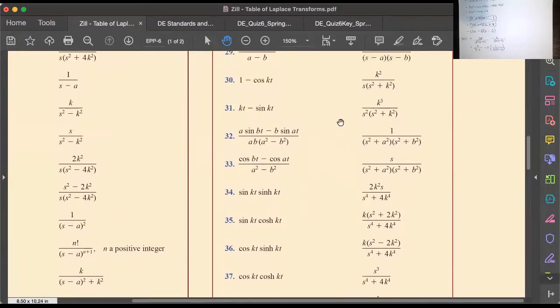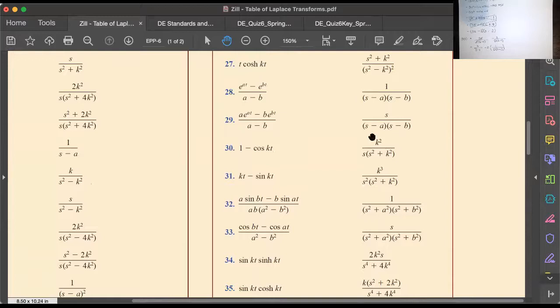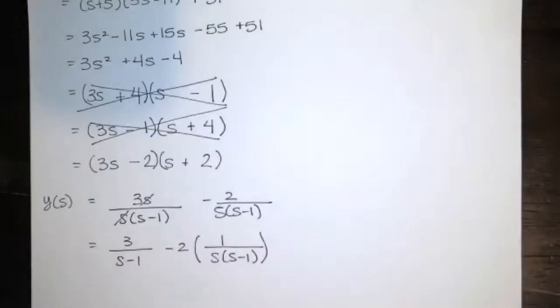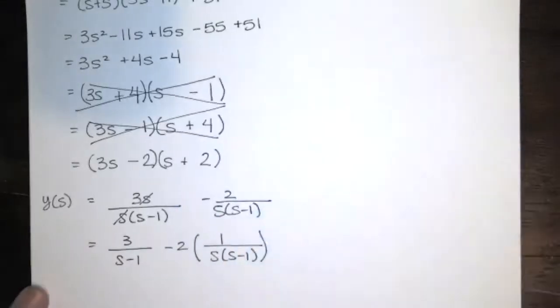But this pattern that we used before for a 1 over s minus a times s minus b would seem to work. But if a is 0, this would just be a 1 minus e to the b over 0 minus b. I don't know that that's going to work. I guess we're going to have to use partial fractions for that piece. And that's okay, because partial fractions are relatively easy for us at this point.